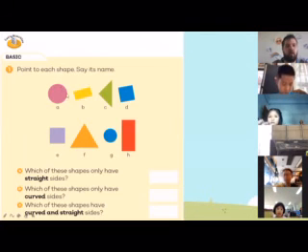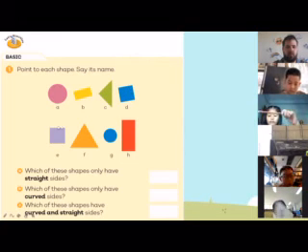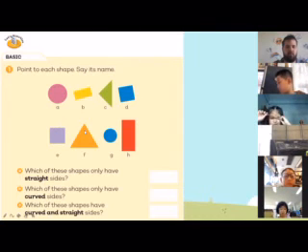We have a circle, rectangle, triangle, square, square, triangle, circle, and rectangle. So A says, which of these shapes only have straight sides?